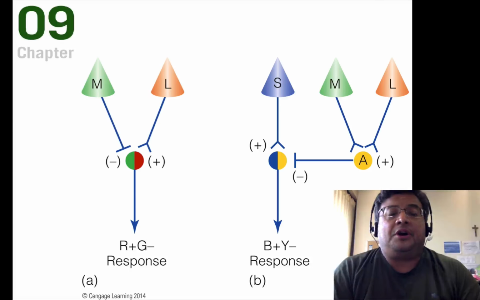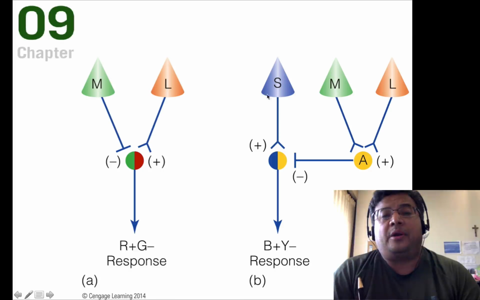So here's a cartoon representation of that, right? This would be the wiring of some neurons that are sitting inside of the retina. In this example here, we would see a cone that responds to medium wavelengths and a cone that responds to long wavelengths.